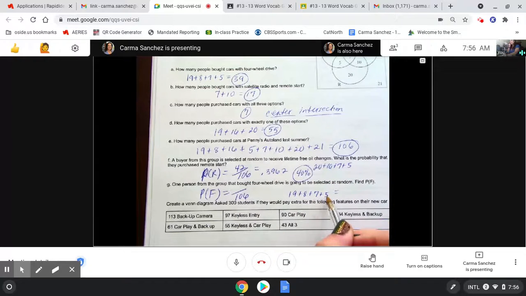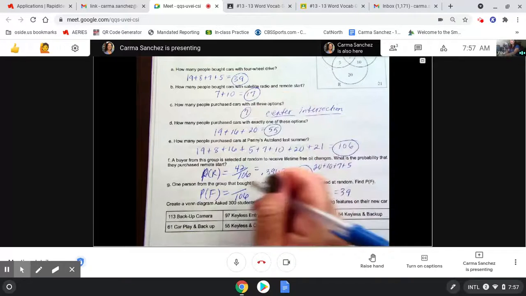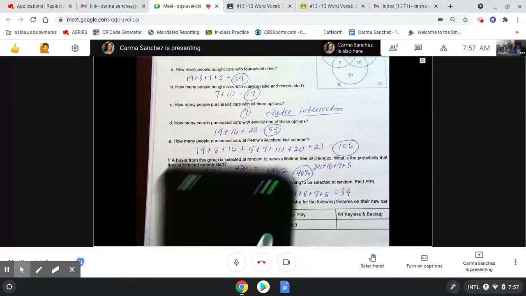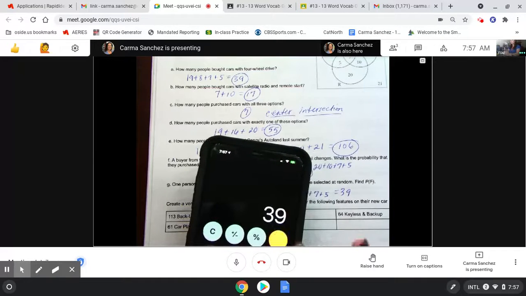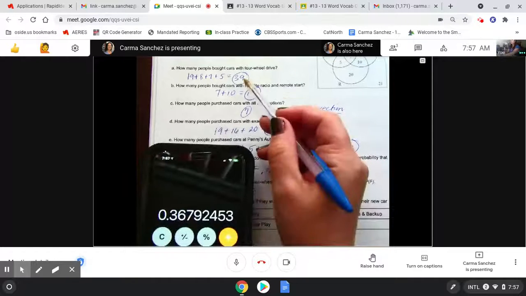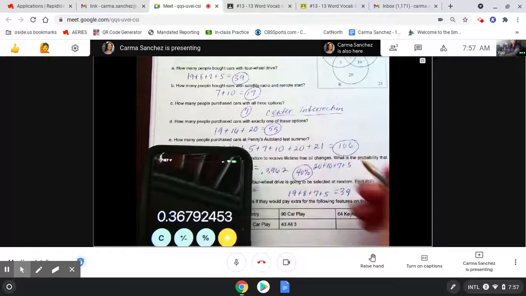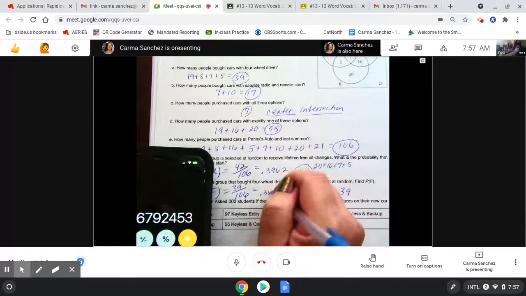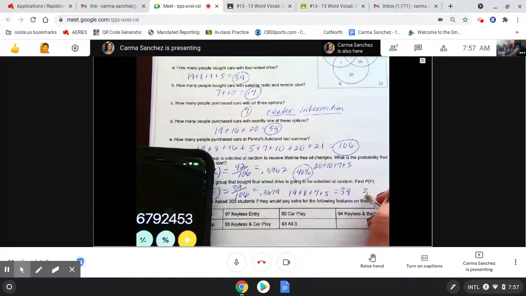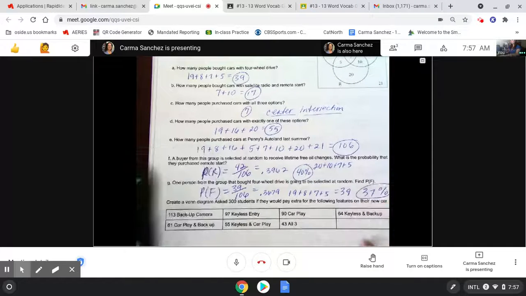This is 20, 39. Oh, and we figured that out at the top. We could have just used that number. So 39 divided by 106 is 0.367. So I'm going to round that up to 37%. How'd you do?